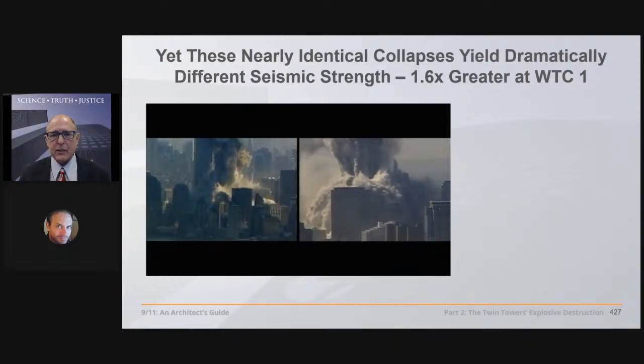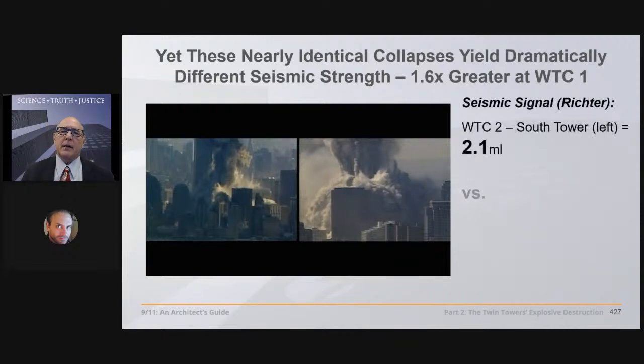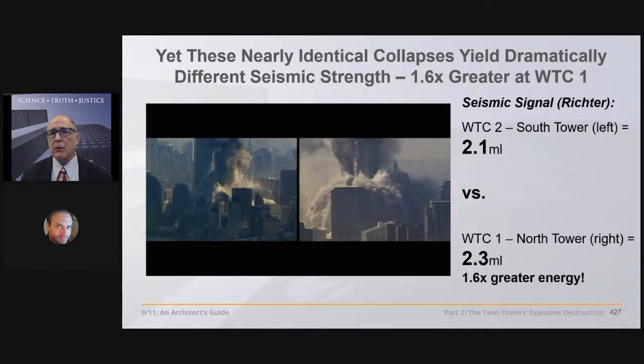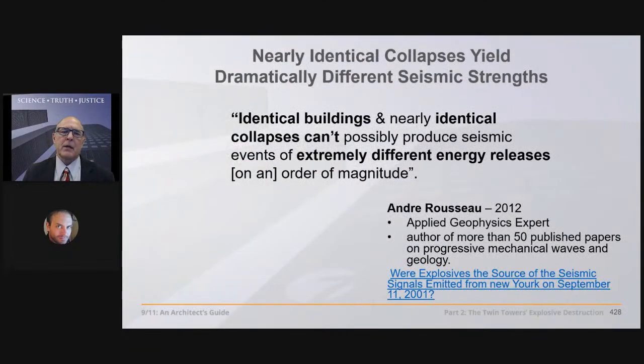Identical buildings, identical collapses, 2.1 versus 2.3. That's a dramatic difference because these are on a logarithmic scale. North Tower is causing over 1.5 times the seismic energy created as the explosions in the South Tower. So these must be explosions, which could account for such a difference rather than identical collapses in identical buildings.